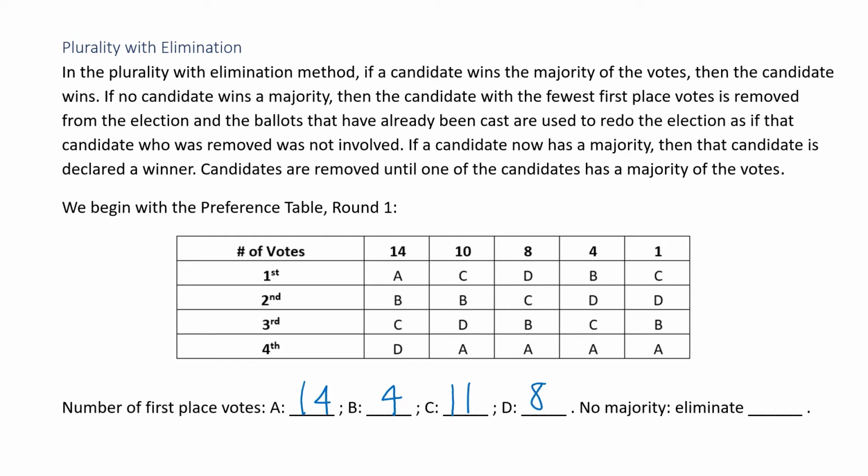There's no majority. Remember, majority means we need 19. That's just a little more than half. And so we're going to eliminate the candidate with the least votes. That would mean we eliminate B. B is now gone. And we'll do this again in round 2.